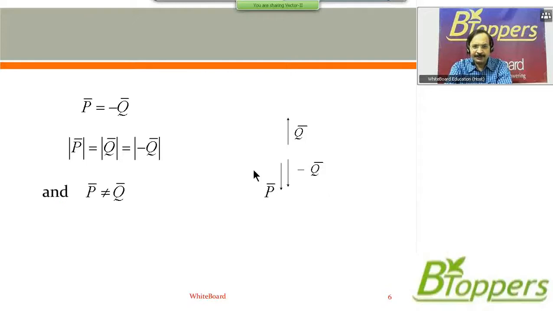That means if two vectors P bar and Q bar having the same magnitude act in opposite directions, you can write P bar equal to minus Q bar, mod of P bar equal to mod of Q bar. But you cannot write P bar equal to Q bar. You can write P bar is not equal to Q bar.